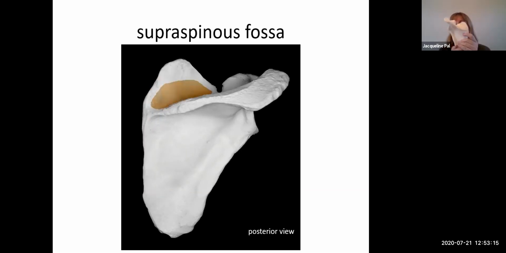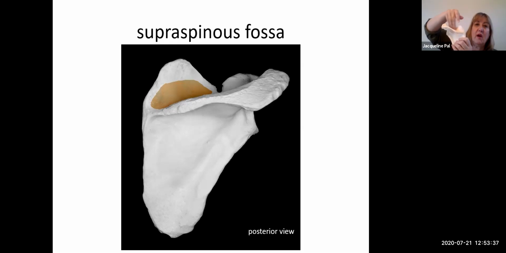Going back posteriorly to the spine of the scapula, above or proximal, because we're not in the extremity, above the spine of the scapula, we have a shallow depression known as the supraspinous fossa. Supra meaning above, spinous meaning it's above the spine.